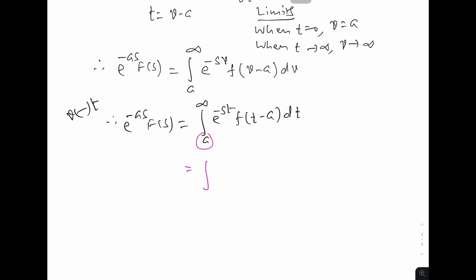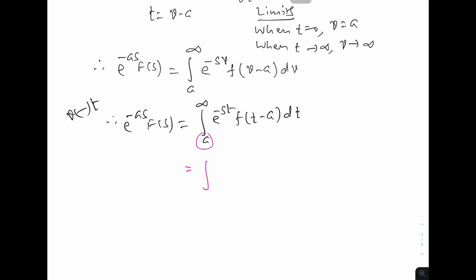But this is exactly nothing but what? That is the definition of Laplace transformation of this function. So that is nothing but the Laplace transformation of f of t minus a u of t minus a. So that is the result. This is LHS. So what is the result we are getting now?